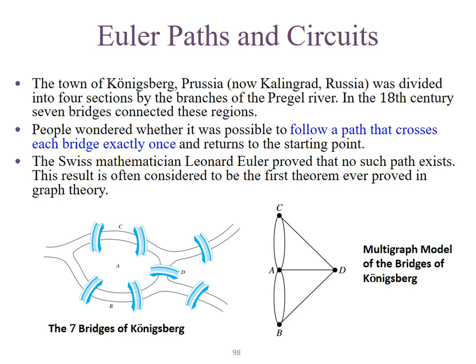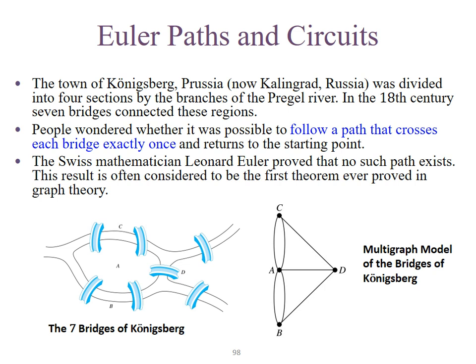The story goes back to the seven bridge problem, because there was a little town in Russia that looked like this. They have four different sections, and the sections were connected by different numbers of bridges.